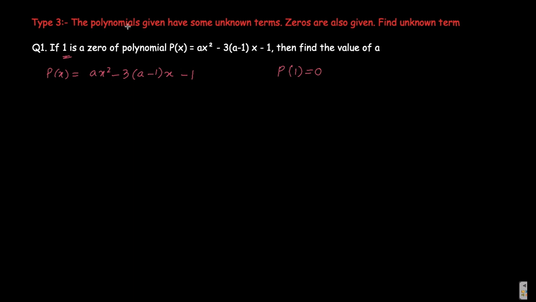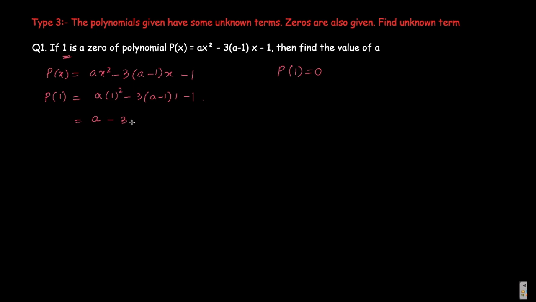That means putting 1 for x, we get this term as 0. So we write p(1), instead of x we write 1: a into 1 square minus 3 into (a minus 1) into 1 minus 1.